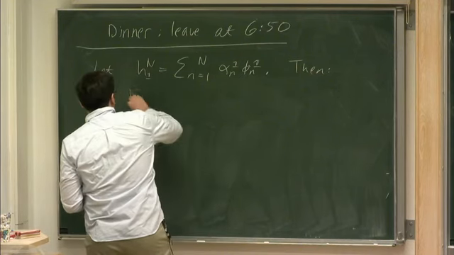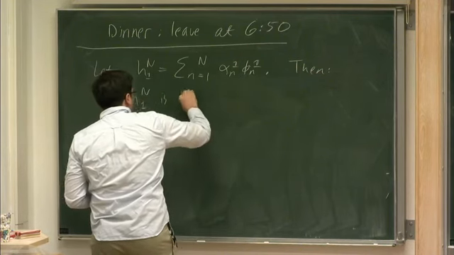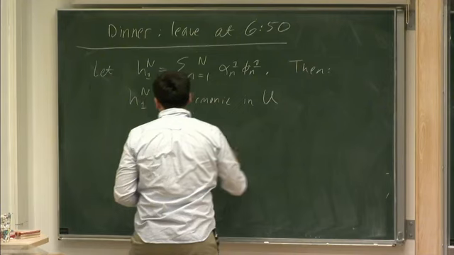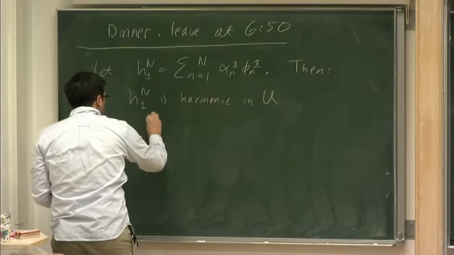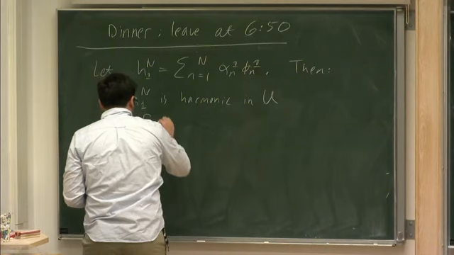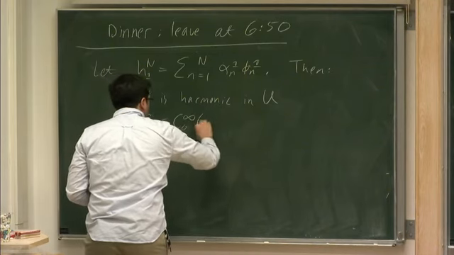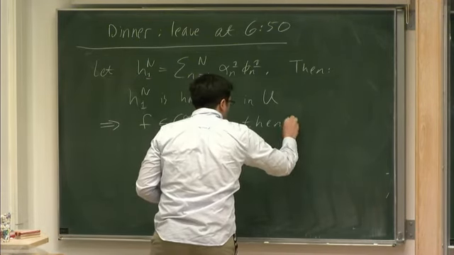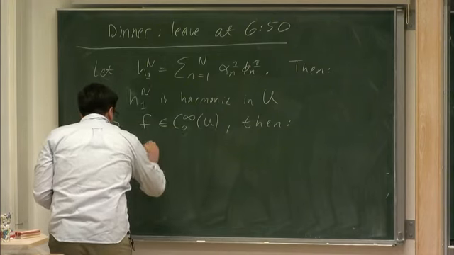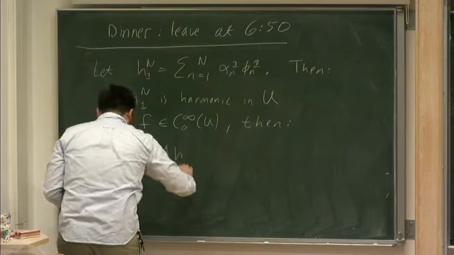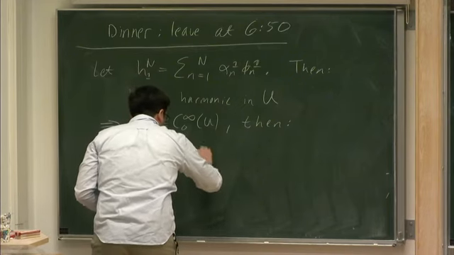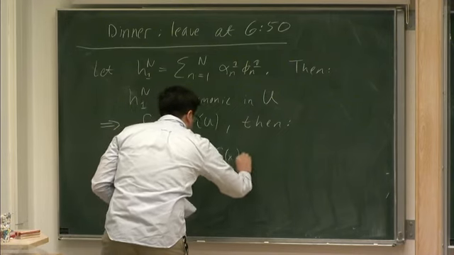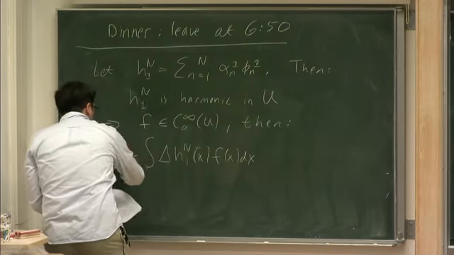So h1n is harmonic in U. And this implies that if I have any test function f which is compactly supported and C infinity in U, then by harmonicity, the integral of the Laplacian of h1n against f of x is going to be equal to 0.